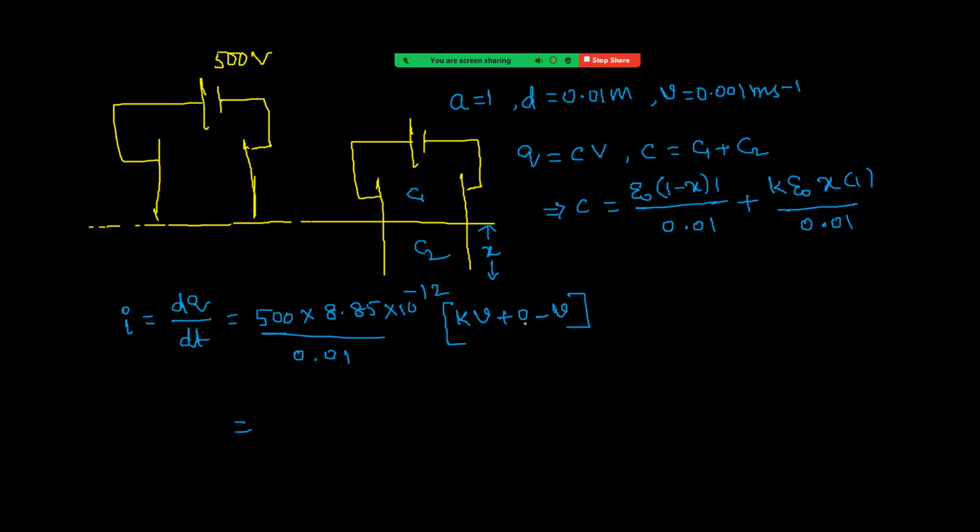Now here what we can do is substitute the v value, and K value is given. K value is 11. 11 minus 1, 10. 10 v. So 500, 8.85 times 10 power minus 12. This is 10 power 1 to 10 power 2. K is 11, 11 minus 1, 10. 10 into v value, 10 power minus 3.